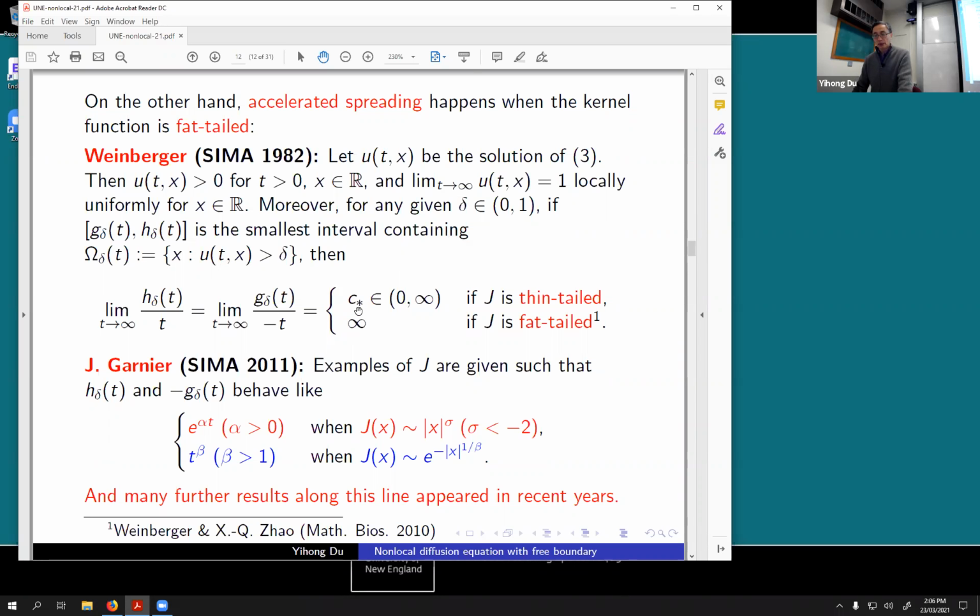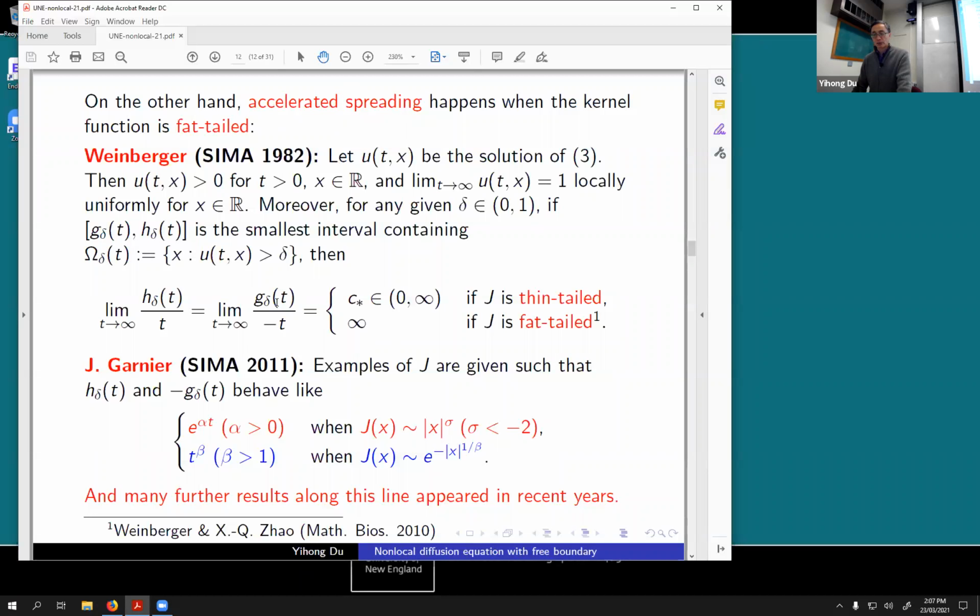So the speed is finite if J is thin-tailed. It's infinity if J is fat-tailed. And the C star is again obtained by looking for self-similar solutions called traveling wave solutions. So that's the big difference. And this limit being infinity is usually called accelerating spreading.